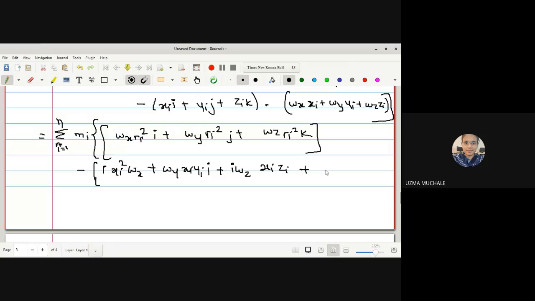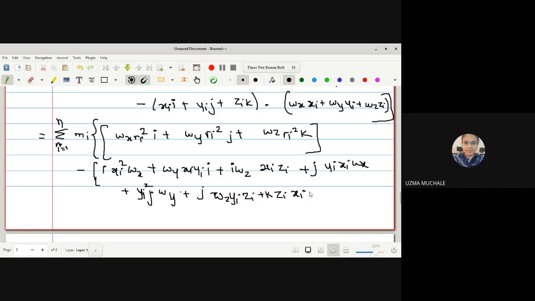Dot product, we have to multiply. This is wx i plus the next term is yi j wy, plus the next term: yi square plus wz yi zi, plus the next is zi xi k as it is.